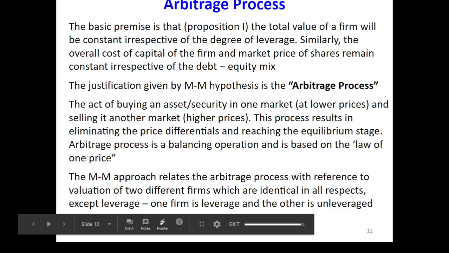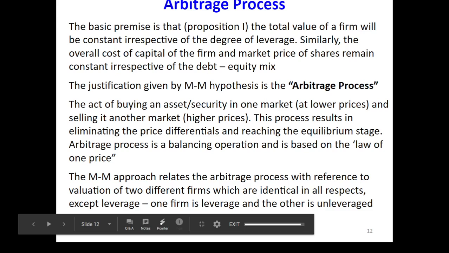The justification given by the hypothesis is the arbitrage process, the act of buying an asset or security in one market at lower prices and selling in another market at higher prices. This process results in eliminating the price differentials and reaching the equilibrium stage.